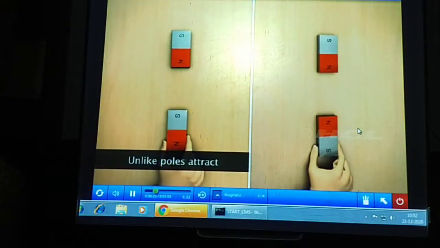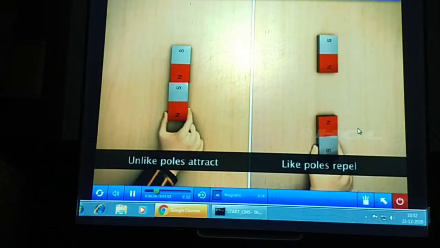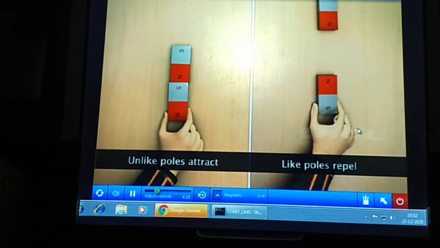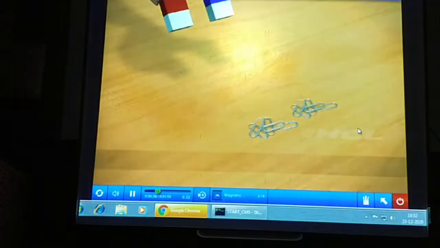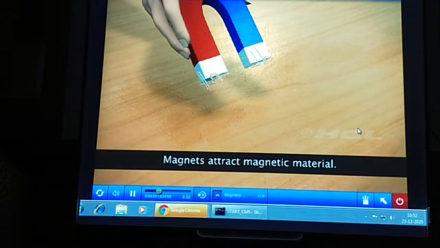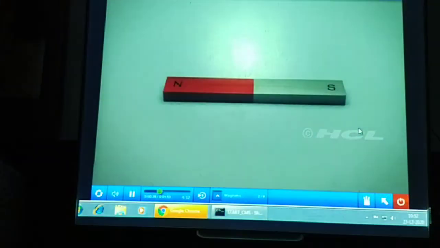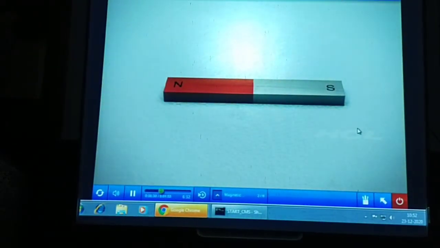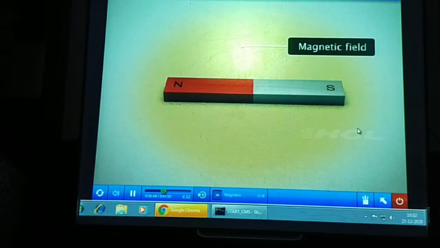Unlike poles of magnets attract and like poles repel. Magnets attract magnetic material. Magnets have an area within which magnetic effects are felt. This area is known as the magnetic field.